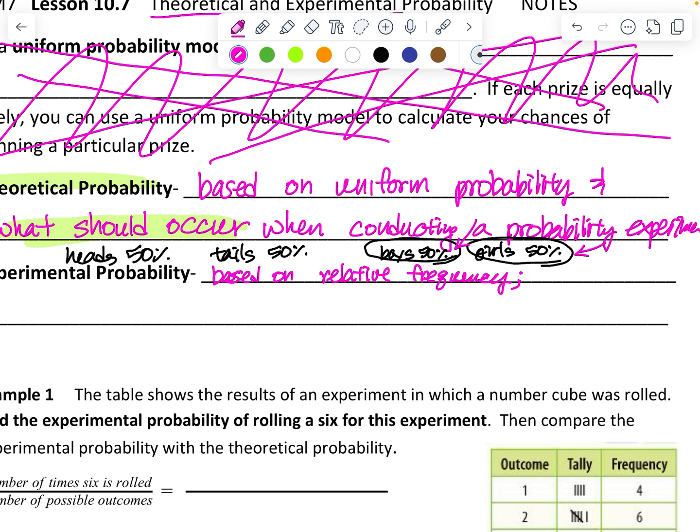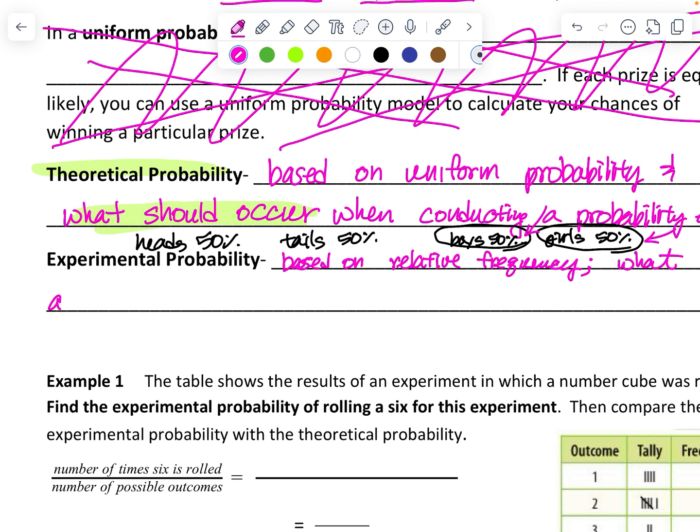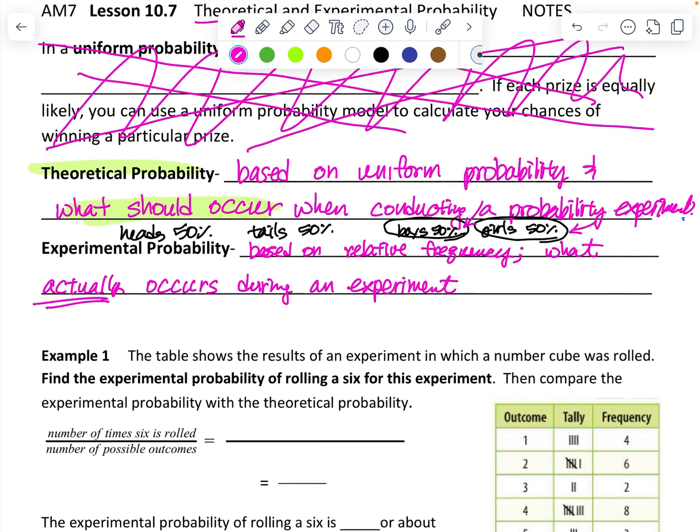So this is based on relative frequency, and this is not what should occur, but what actually occurs during an experiment. You do an actual experiment, and this is what actually happens.